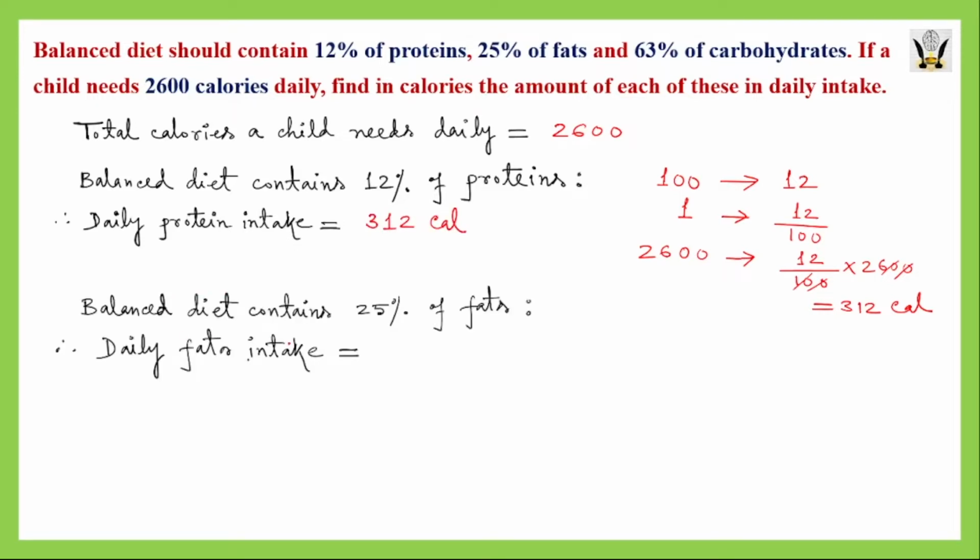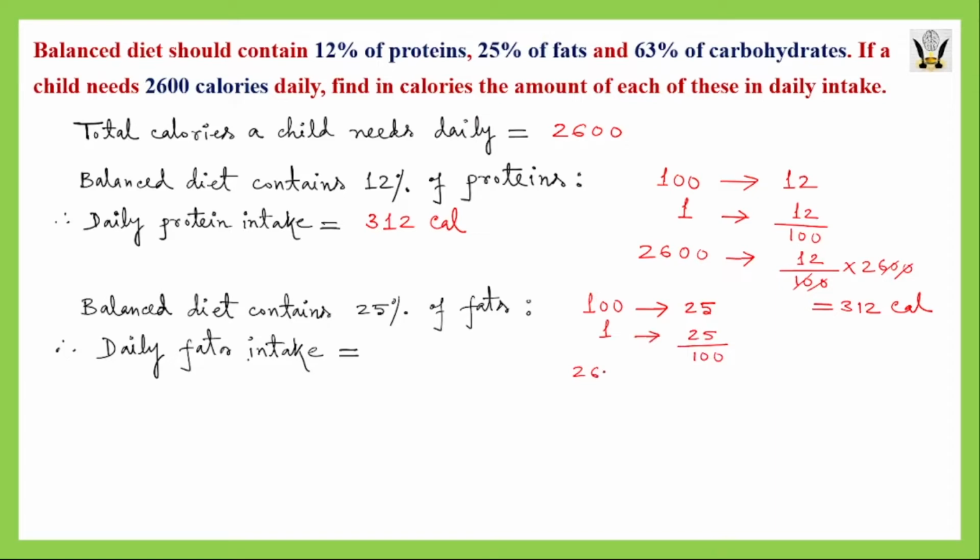Now next is fat. The same balanced diet contains 25% of fats. So 25% of fats means out of 100, 25 is fat. Then again the total amount is 2600, so out of that we have to find. Out of 1, it will be definitely less than 1, so it will be 25 divided by 100.